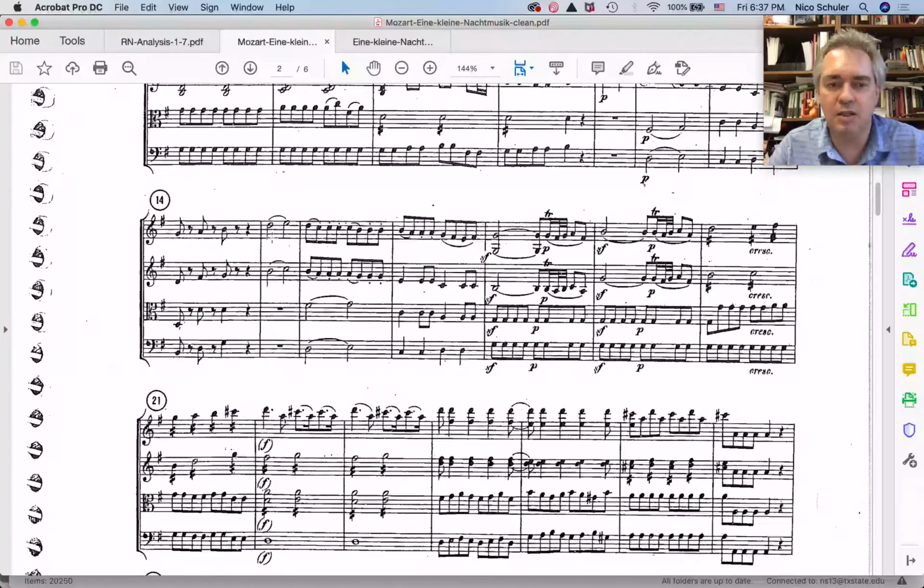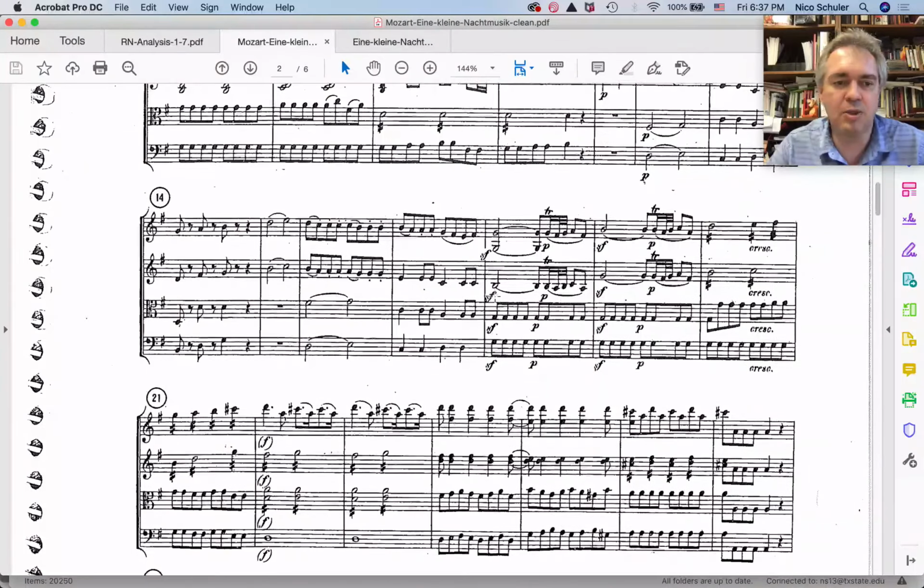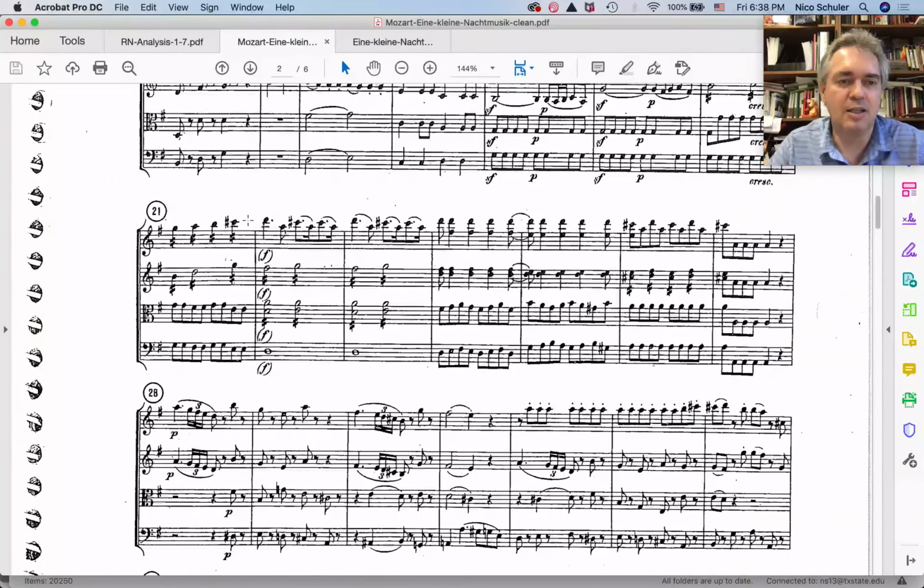So no extra accidentals here, but if we go to the next line, there we have a C sharp, a C sharp, a C sharp, we have a G sharp, C sharp, C sharp. So C sharp throughout.